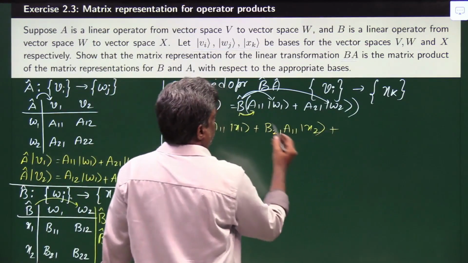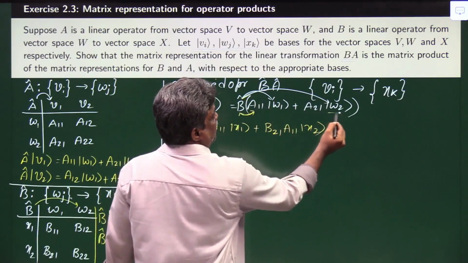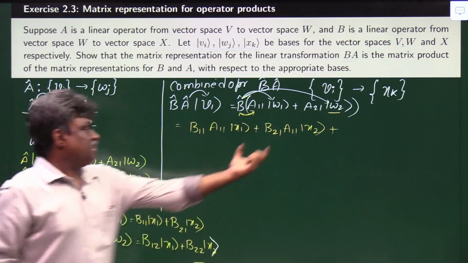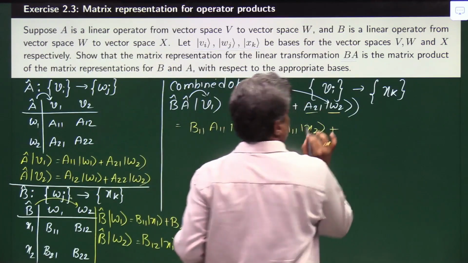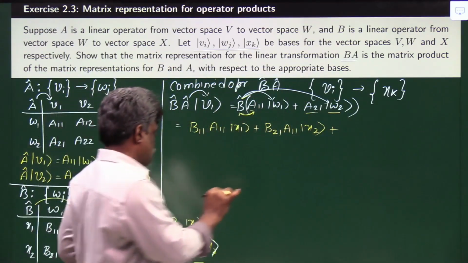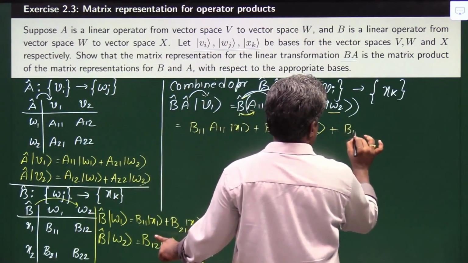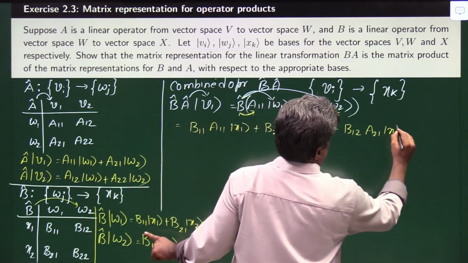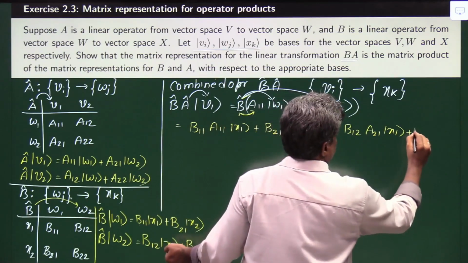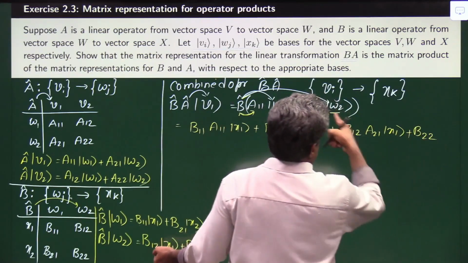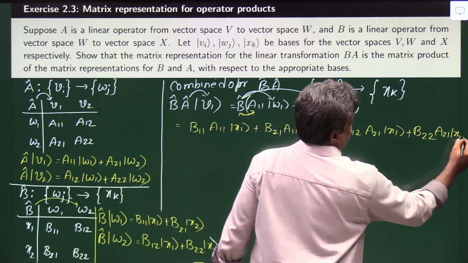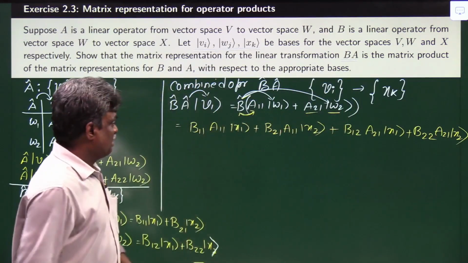So plus again this is B operating on W2. So this is the linear combination. Just take it and write. But keep this second place for A21. So that's why this is B12, A21, X1 plus B22, A21, X2. That's it.